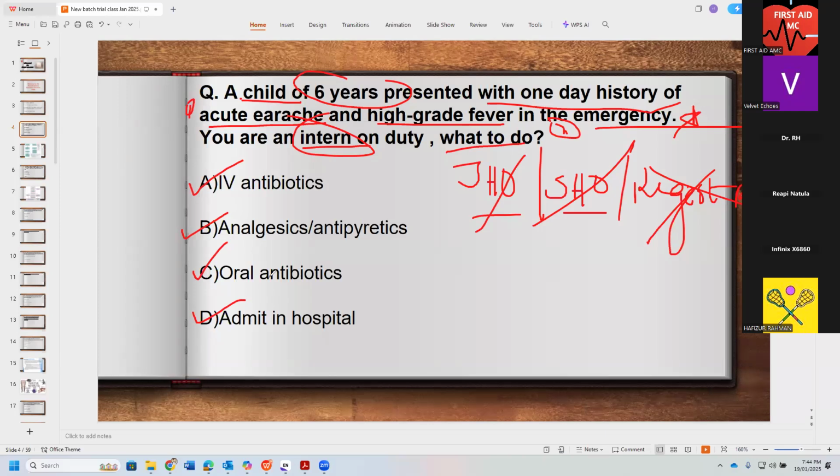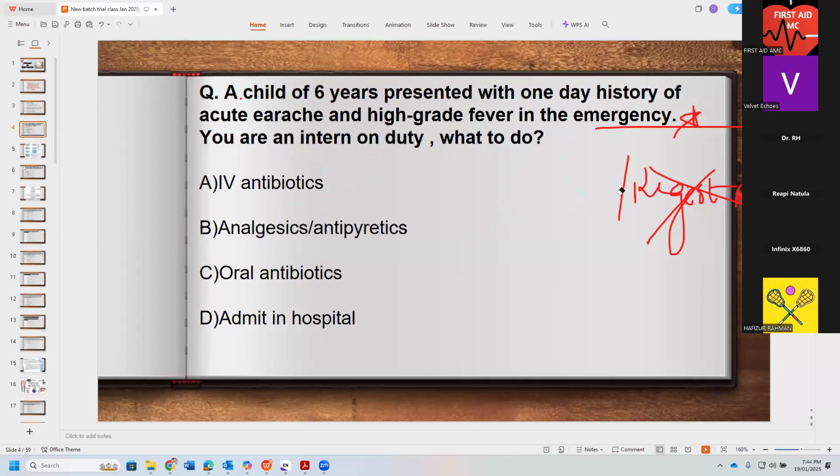Can anyone tell me, acute earache and high-grade fever, what could be the differential cause? Acute otitis media, very well. So this patient is suffering from acute otitis media with earache and pain, but there is no discharge. Whenever a child has a first presentation in the hospital with ear pain and fever, we don't do anything other than examination of the ear.